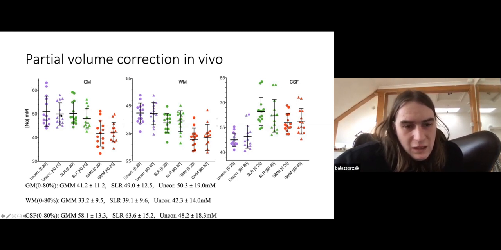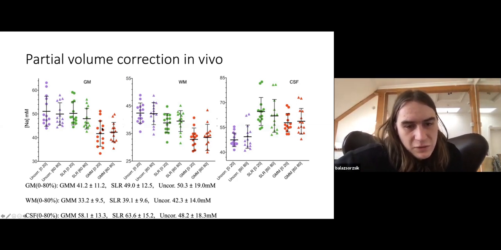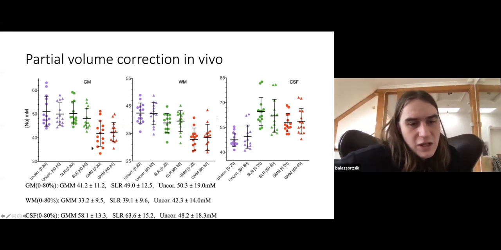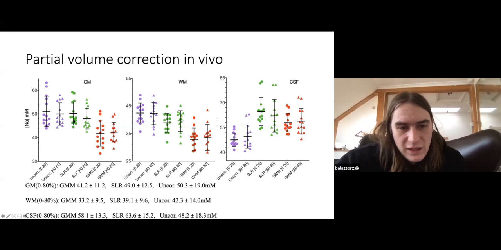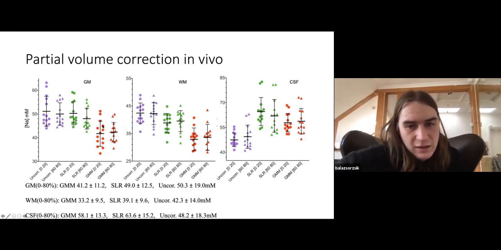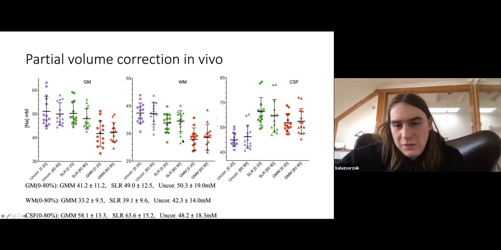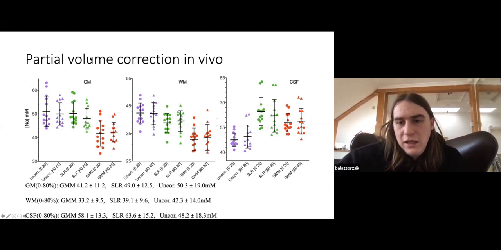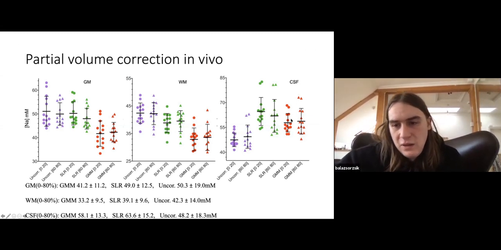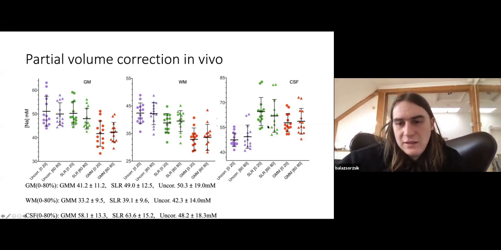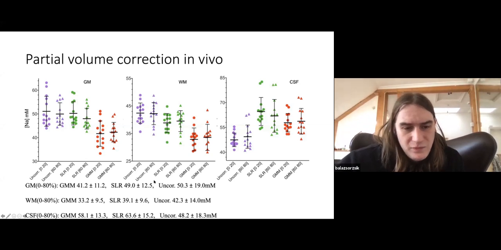But we see the same sort of trend, that the GMM outperforms SLR in gray and white matter. However, in CSF, SLR estimates the values better than GMM.